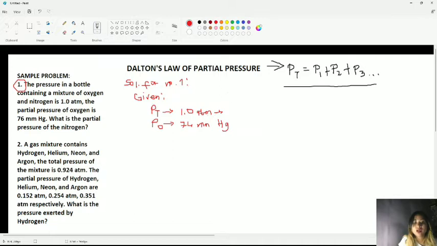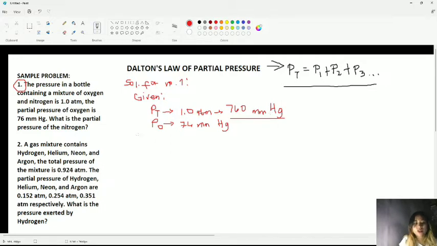Yung conversion ng atmosphere into millimeter mercury is 760. Ganon din sa torr, kasi 1 torr is equal to 1 millimeter mercury. Kasi 1 atmosphere is equal to 760 torr, and 1 atmosphere is equal to 760 millimeter mercury. So, ito na yung conversion natin from atmosphere to millimeter mercury.